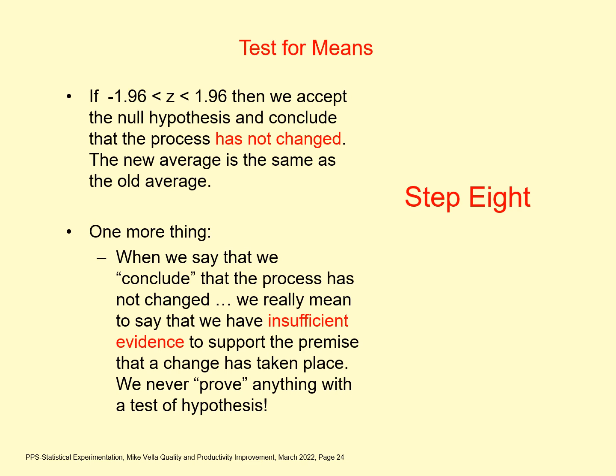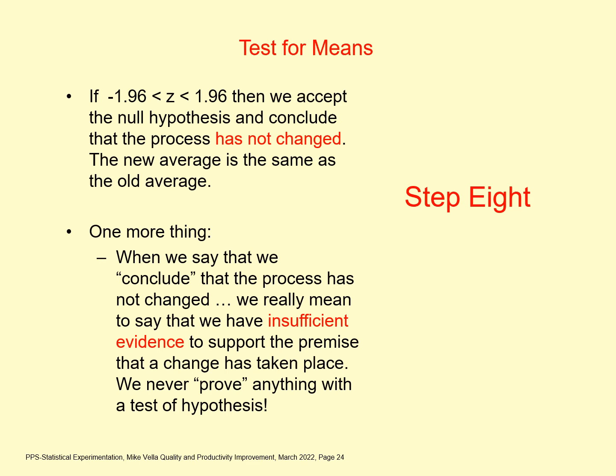If the z is between minus 1.96 and positive 1.96, then we accept the null hypothesis and conclude that the process has not changed. The new average is the same as the old average.